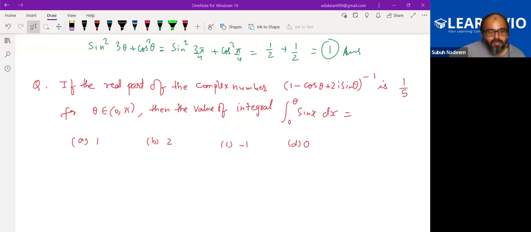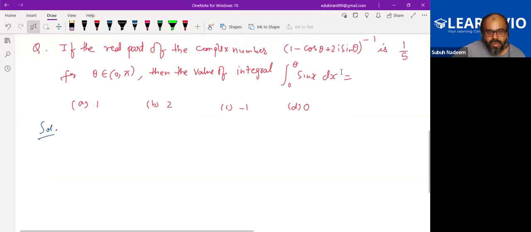So how to proceed? Let me give you the hint. You have been given the power −1, right? So it is 1 by (1 − cos θ + 2i sin θ).